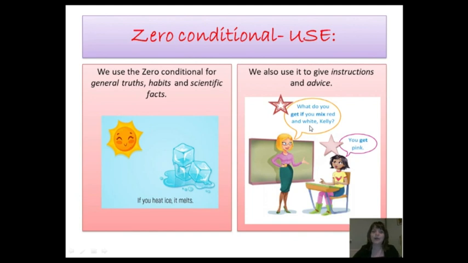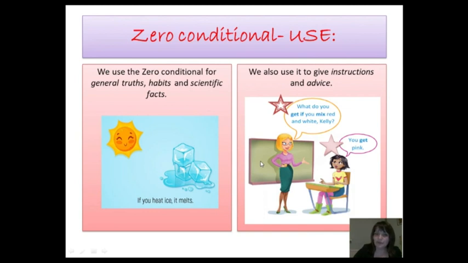And the teacher asks, what do you get if you mix red and white Kelly? Šta dobijaš kada pomešaš crvenu i belu Kelly? What does she say? She says, you get pink. Dobijamo roze boju.